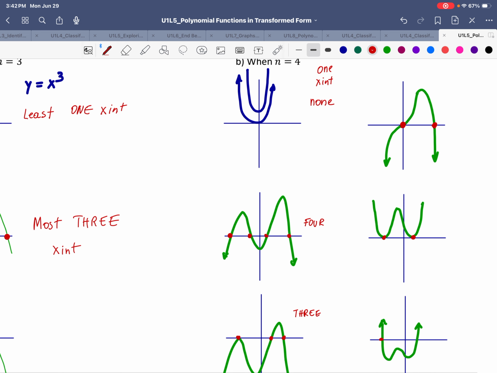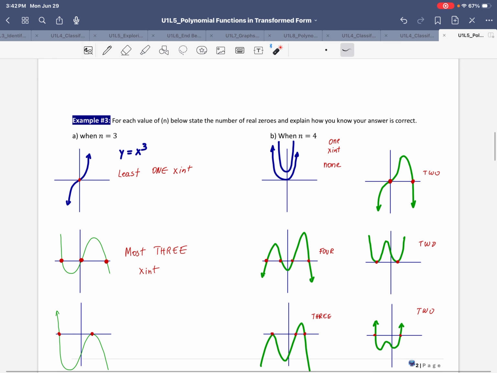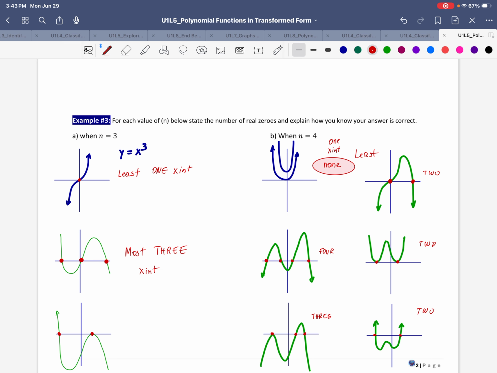But what I am noticing so far is that the graph can have no x-intercepts. It can have 1, it can have 2 x-intercepts, it can have 3 x-intercepts, or you can have 4 x-intercepts. So the least number of x-intercepts for degree 4 polynomial functions will be none, and the most will be equal to 4, which equals the degree of the function.